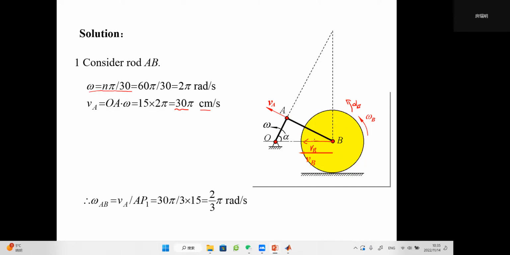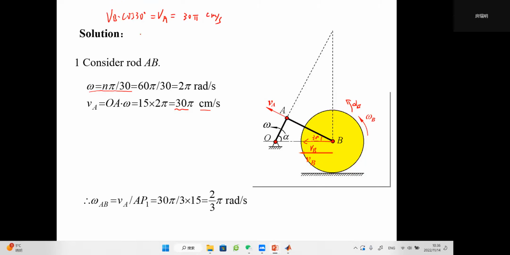Because here is 30 degrees, once again we can use a similar pattern as our homework. We just finished discussing it, right? So we can use the velocity projection method again. We can find VB times cosine 30 equal VA, which equals 30 pi.